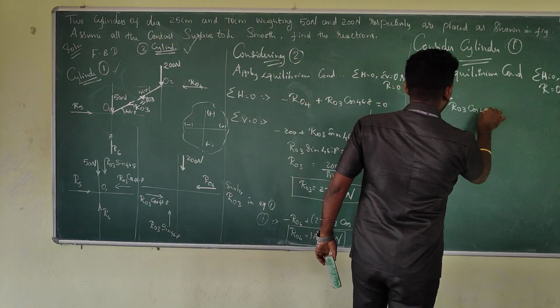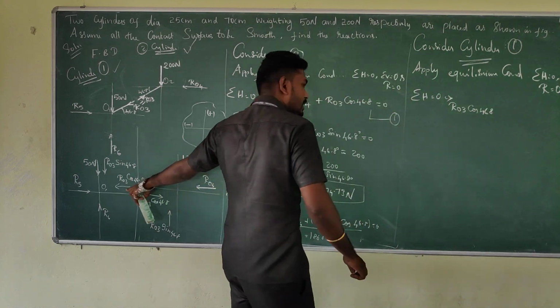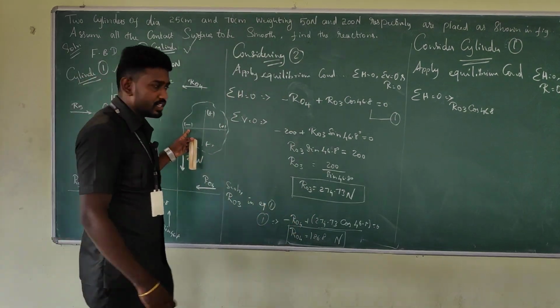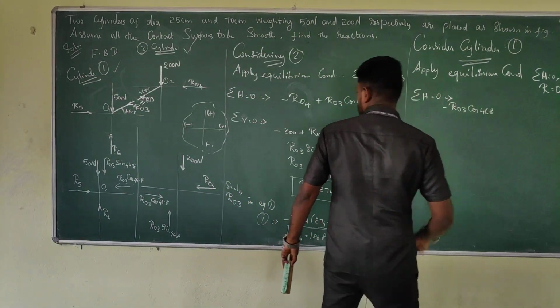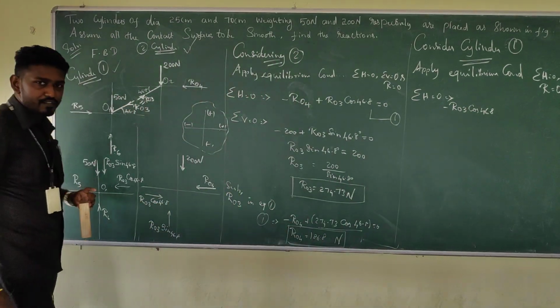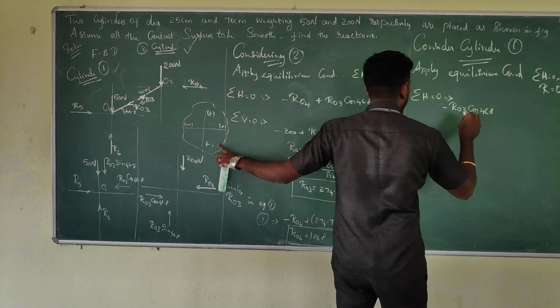RO3 cos 46.8, which is directed to the left side. So what about the sign? If it is directed to the left, it is minus. And then the next horizontal force, which is R5, which is directed to the right side. So right side, in the sense our sign should be positive.